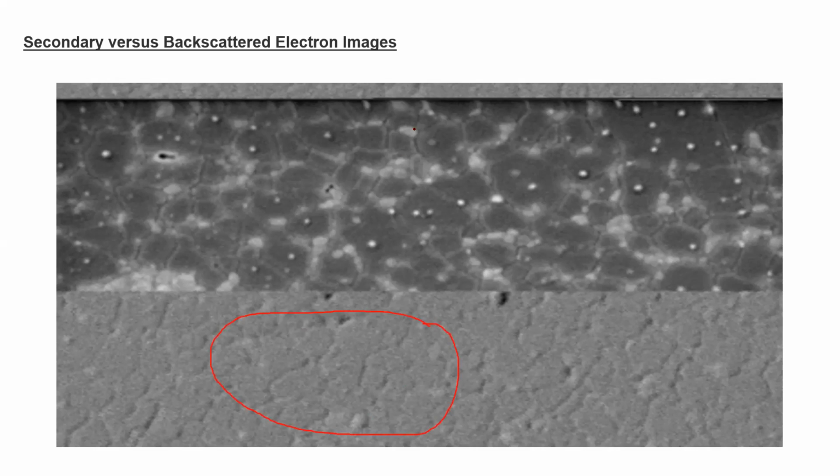So it is clearly visible that the secondary electron image does not have as much contrast when compared to the backscattered electron image. The backscattered electron image is very dark, meaning it has more contrast. Keep in mind that both types of images provide useful information.